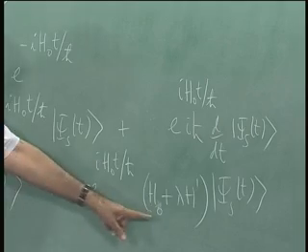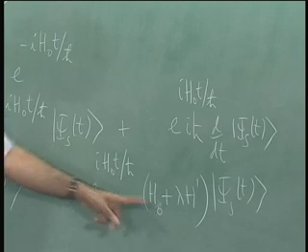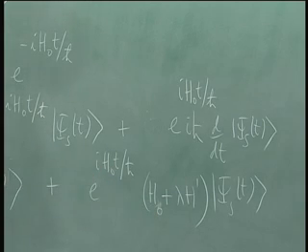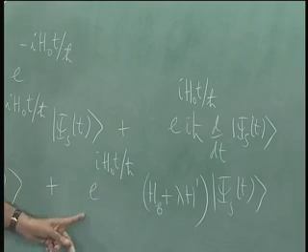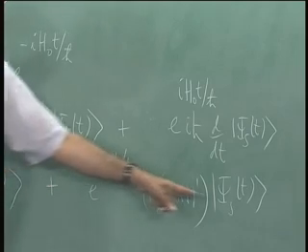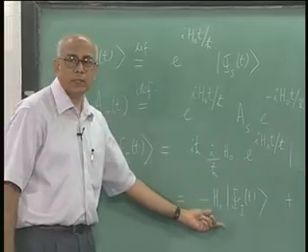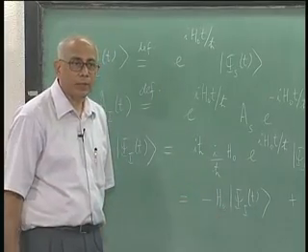But certainly this H₀ can be brought to this side because it commutes with itself, and once you do that, this H₀ comes here and you get e^(iH₀t/ħ) ψ_S, but that is ψ_I, and that would cancel with this term completely.